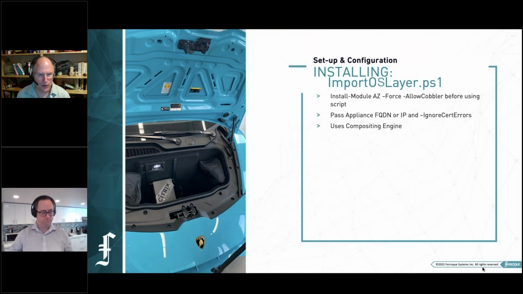When it gets all of those prerequisite parameters that it needs, it'll then create what's called an offload compositing virtual machine, which will copy the disk from that into the appliance as the OS layer. And then you'll have an OS layer and be ready to go and create your app layers, platform layers, et cetera, and move on. All right, back to Jeremy.